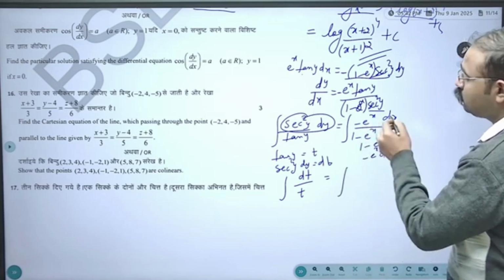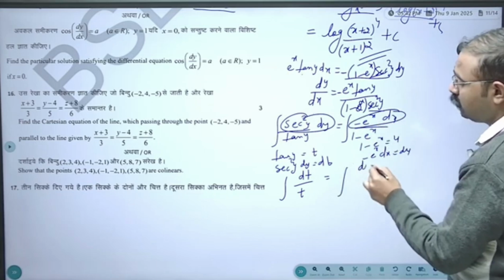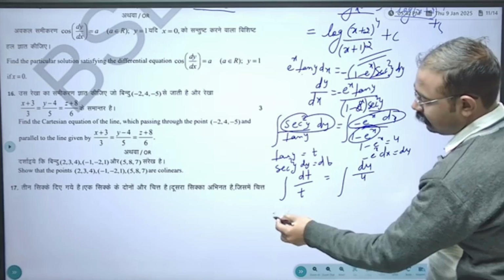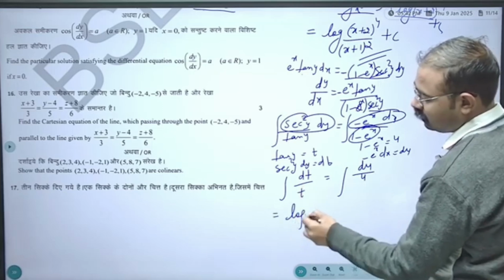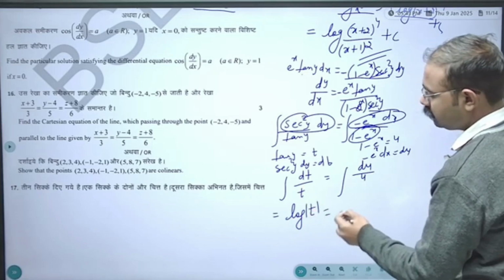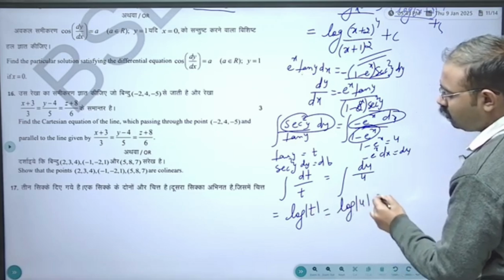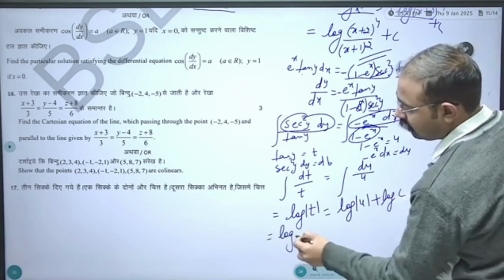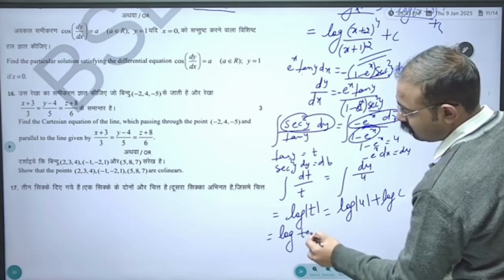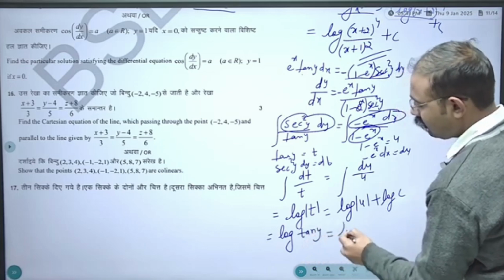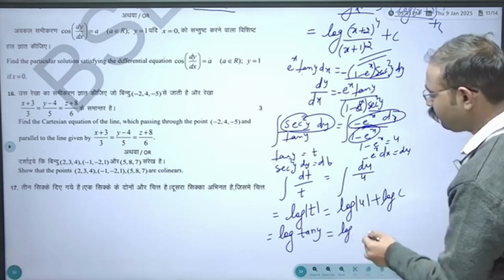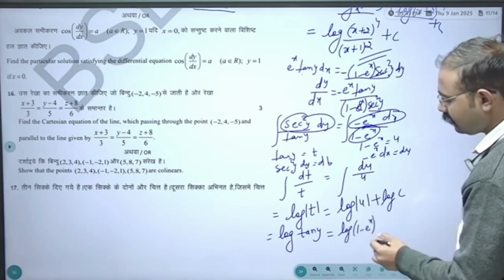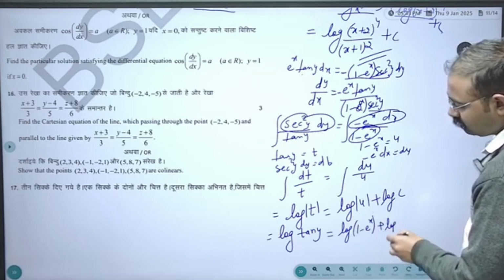Now by integrating, 1 upon t gives log mod t is equal to log mod u plus log c. What is the value of t? At the place of t, tan y, log mod u, at the place of u, 1 minus e raised to the power x, plus log c.